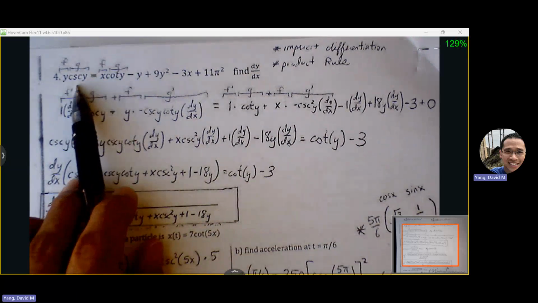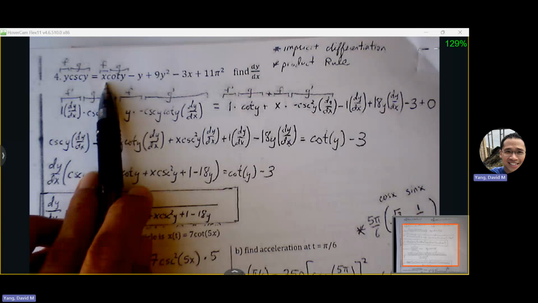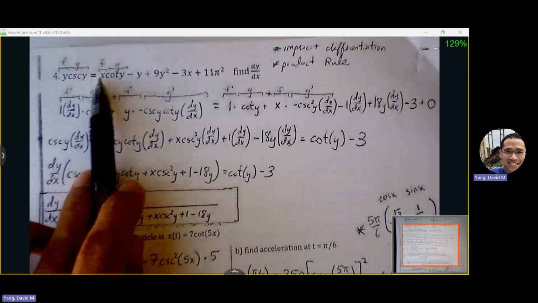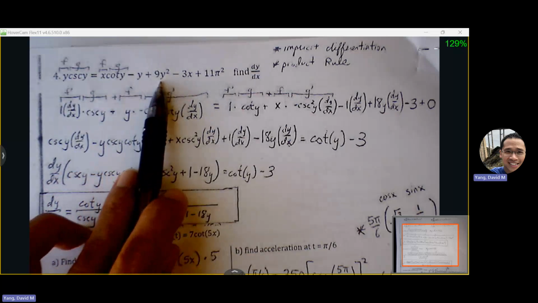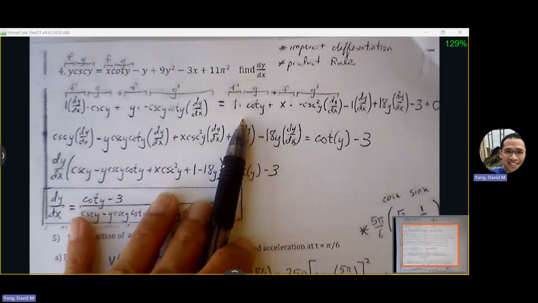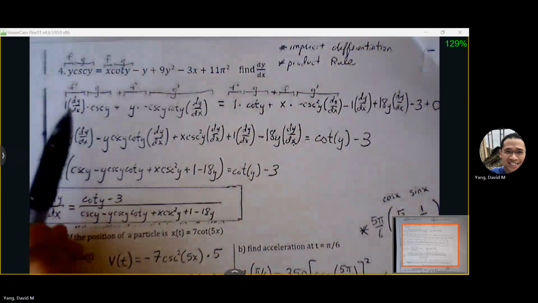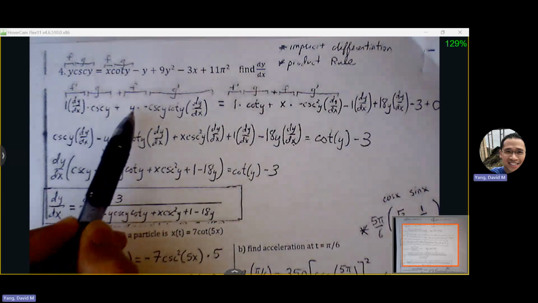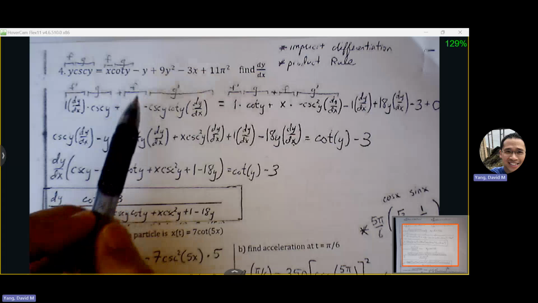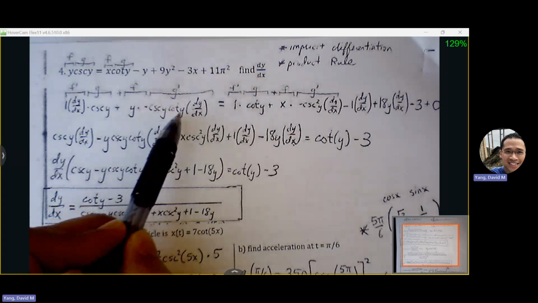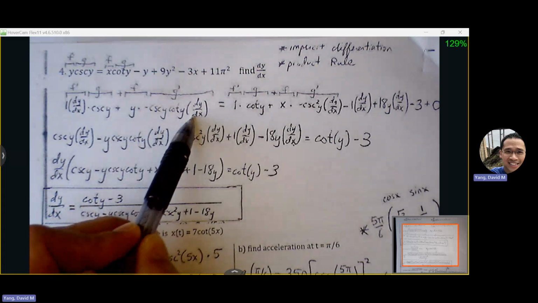We have two sets of product rule and implicits. We have 1, 2, 3, 4, 5 y variables. We should be expecting 5 dy dx's. So f prime times g plus f g prime. Cosecant of y becomes negative cosecant y, cotangent y times dy dx.